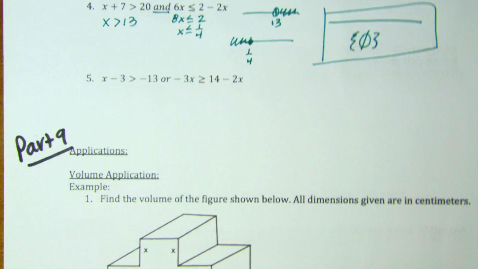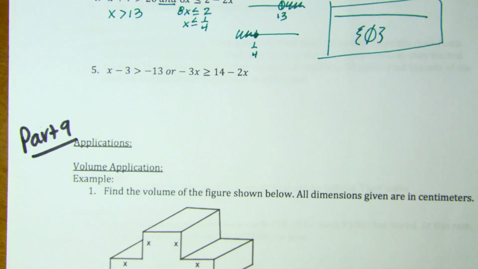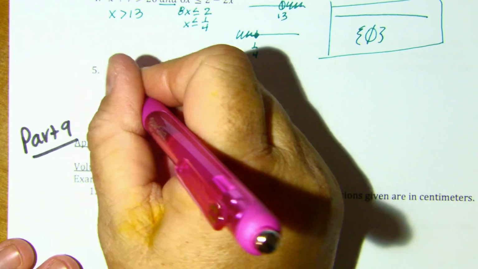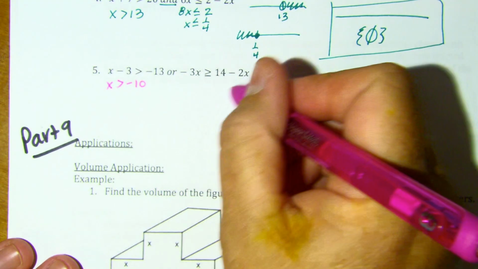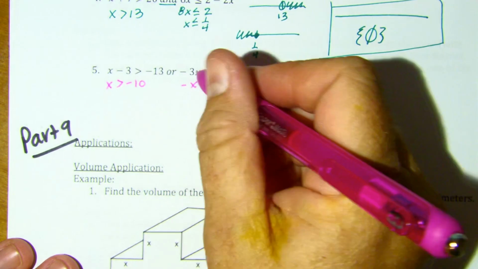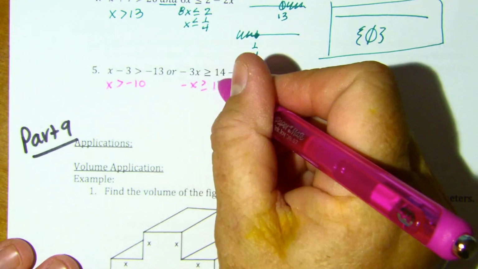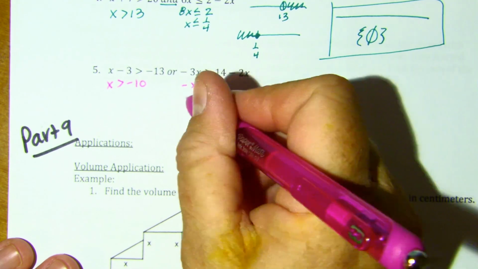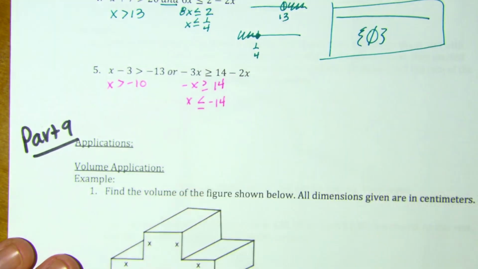One more example, and that'll be the end of part 8. So adding 3 here, I get x is greater than -10. And then adding 2x, I have -x is greater than or equal to 14. And then dividing by a negative, that flips the direction of my inequality, x is less than or equal to -14.